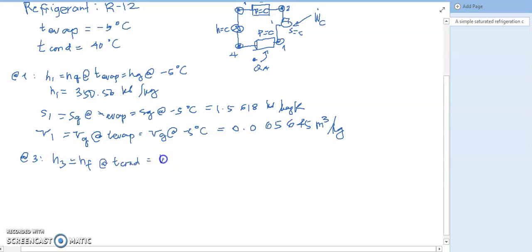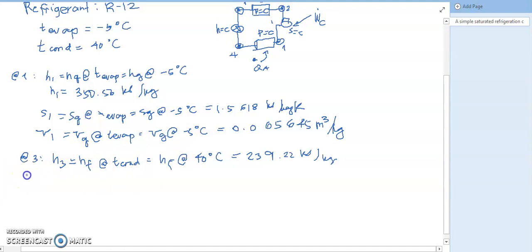So this is HF at 40 degrees Celsius. Looking at the ASHRAE provided table, we have 239.22 kilojoules per kilogram. So that is our H3.